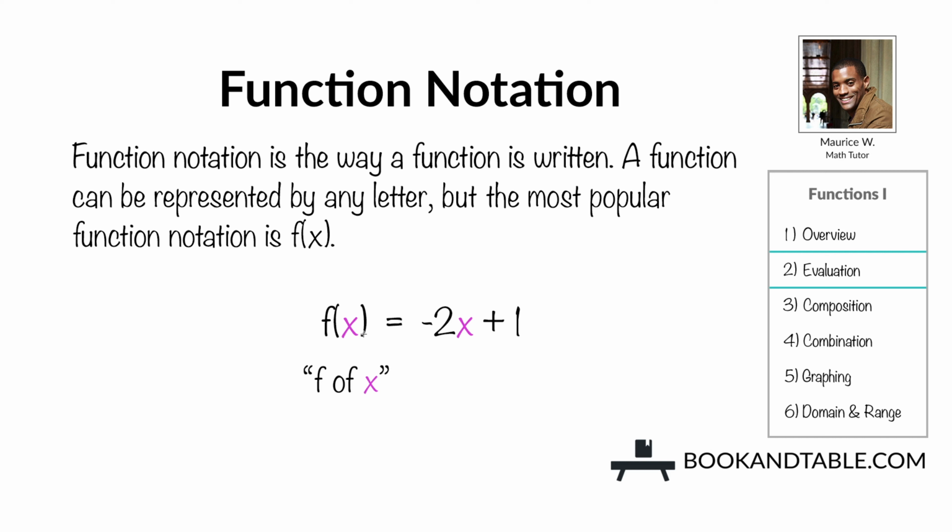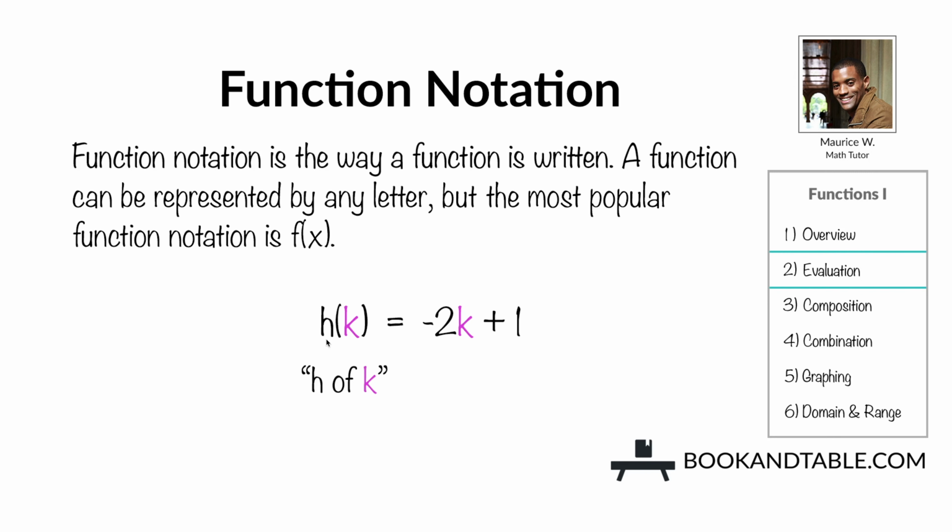Now we state this function as f of x, but both the letter representing the function and the letter representing the independent variable can be changed. So we can also have m of x, and now this function is represented by the letter m. We could change the letter representing the function or the independent variable itself.